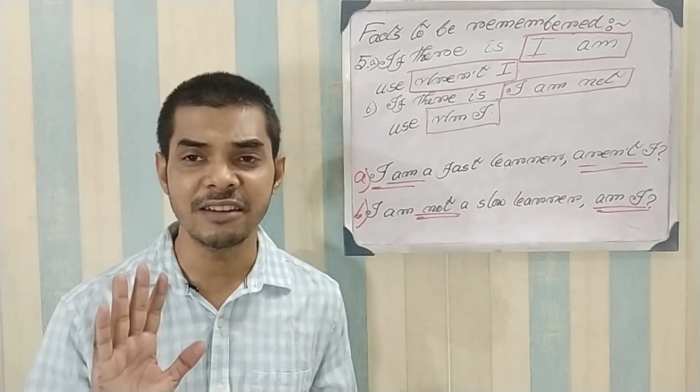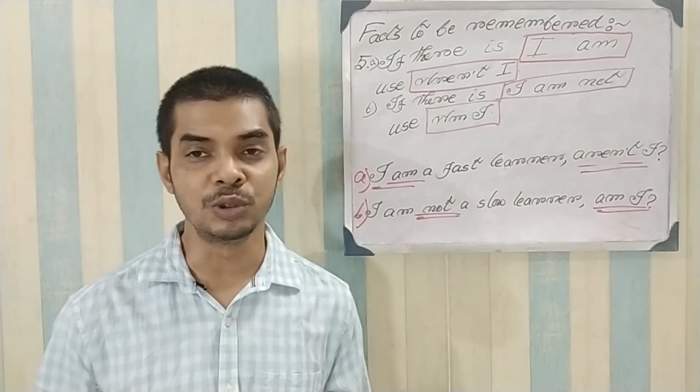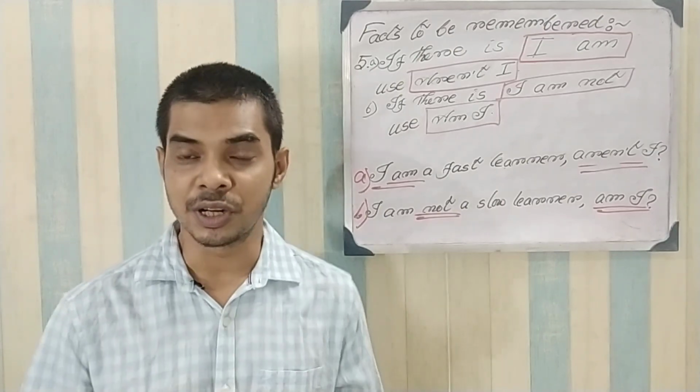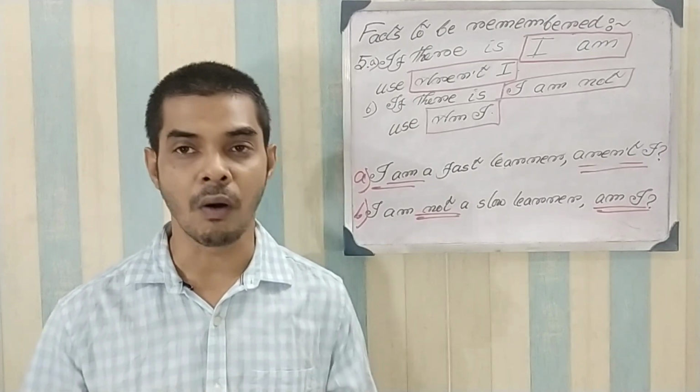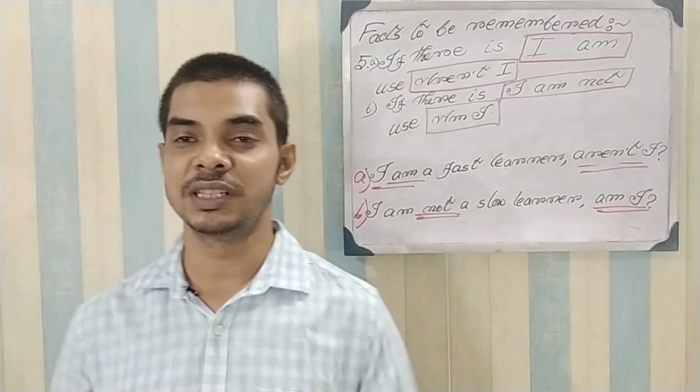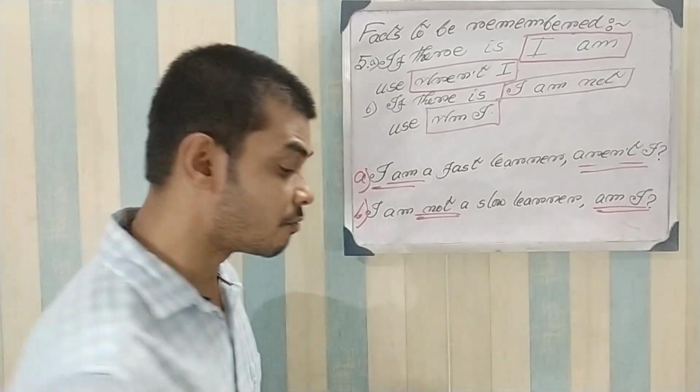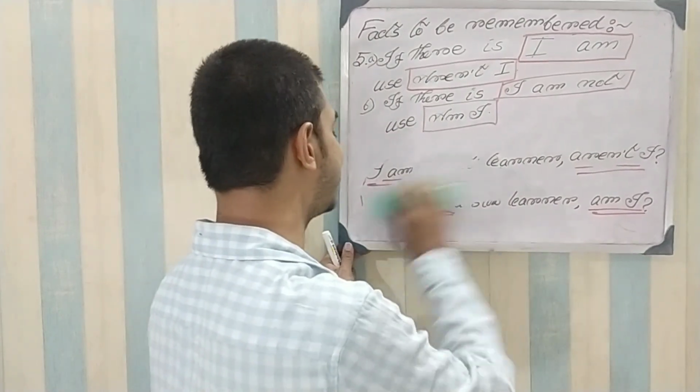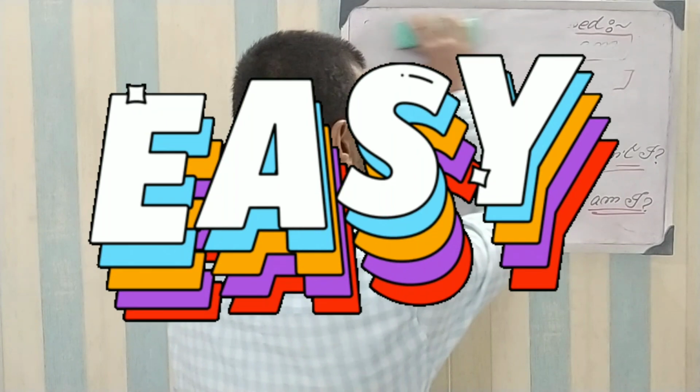These are the five very useful thumb rules to be remembered and used for the formation of question tags. And if you can do them well, obviously you won't find any difficulty in the formation of question tags.